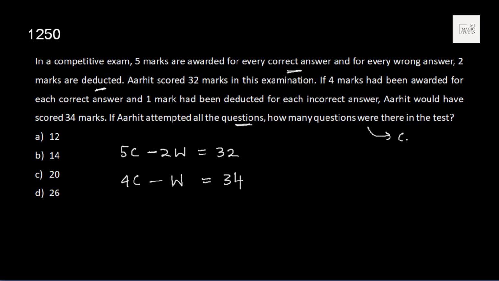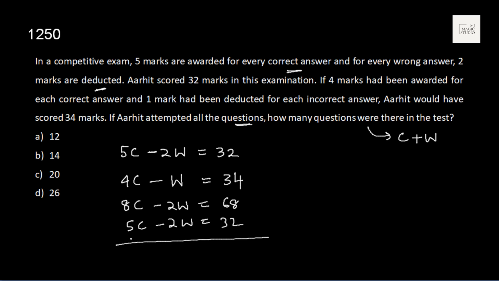That means we are looking out for the value of C plus W. So let's solve this. If I multiply this by 2, that would be 8C minus 2W equals 68, and then 5C minus 2W equals 32. If I subtract, then 3C equals 36.